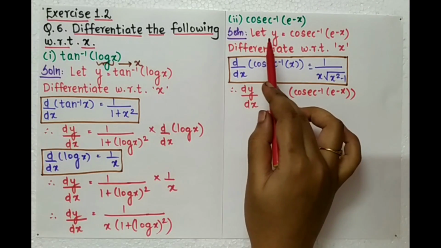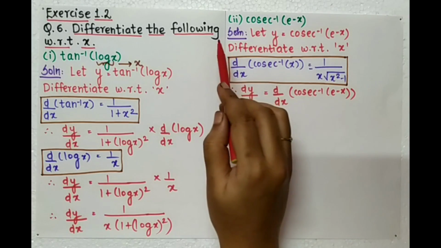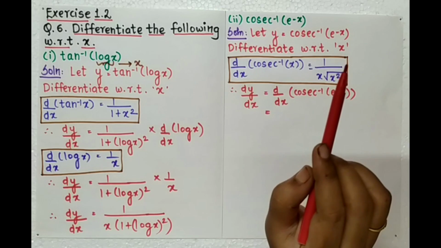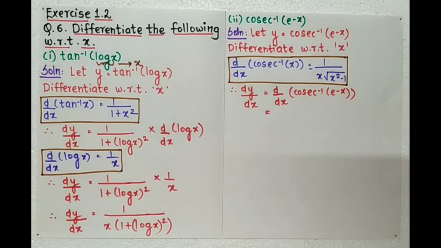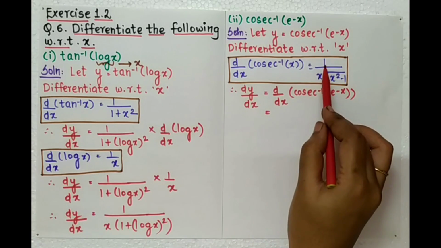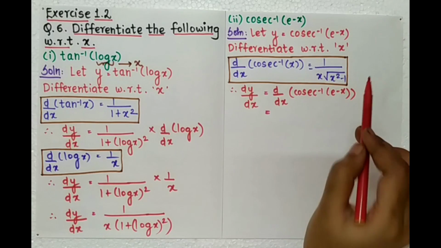Okay, now the second question. Cosec inverse e power minus x. The solution is let y equal cosec inverse e power minus x. We differentiate with respect to x. Here we need to remember the derivative of cosec inverse x. That is minus 1 upon x root of x square minus 1.